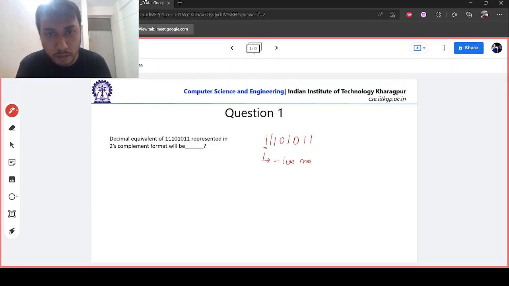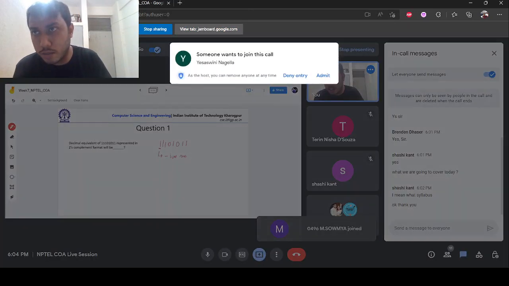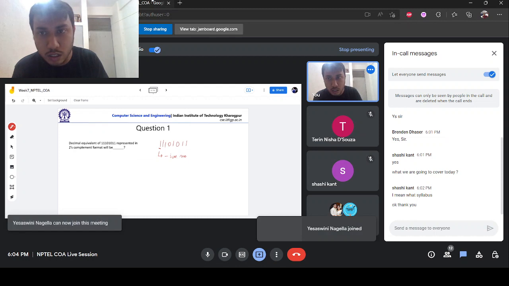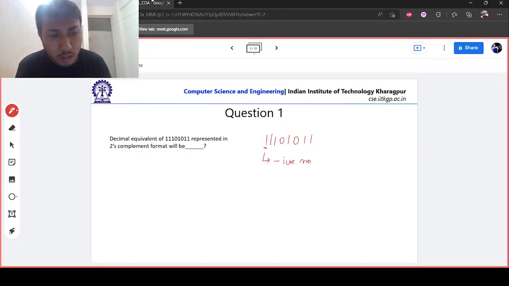So how do we convert these 2's complement numbers directly into decimal? Whatever we have done in the course was mostly converting direct binary to decimal, but this is a little bit different.